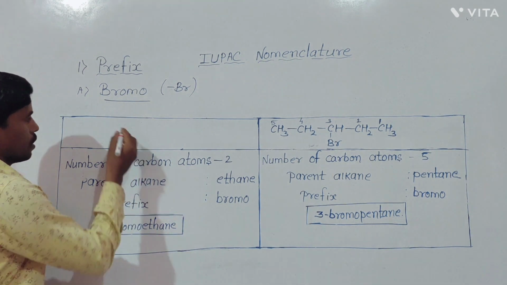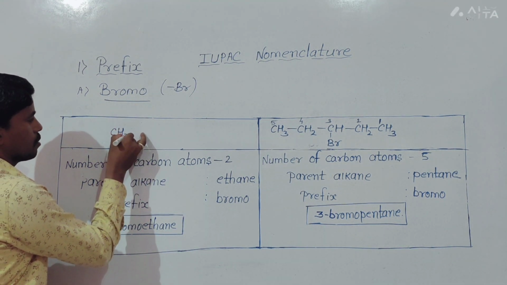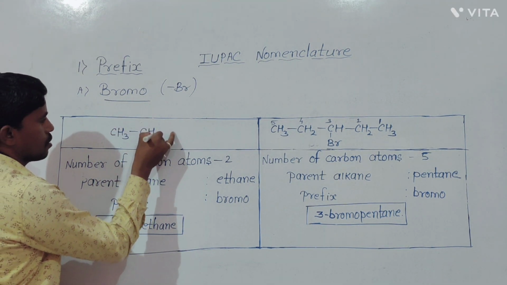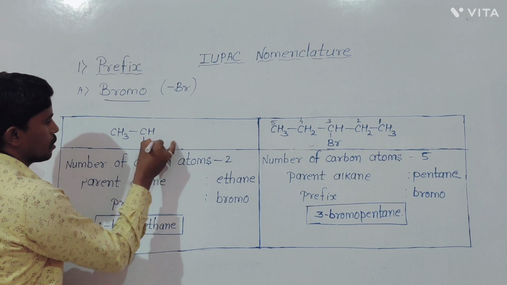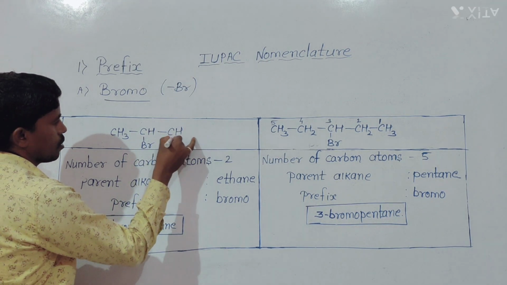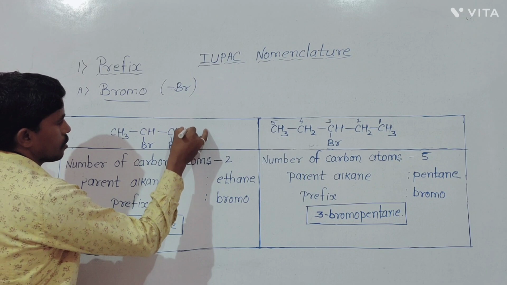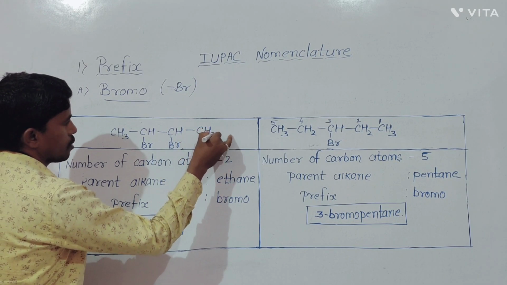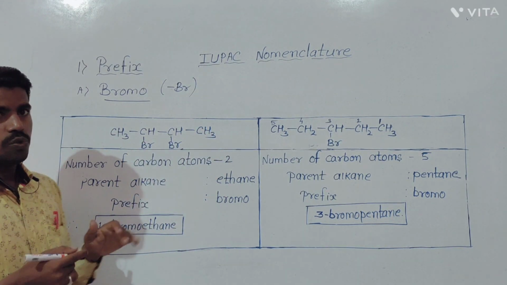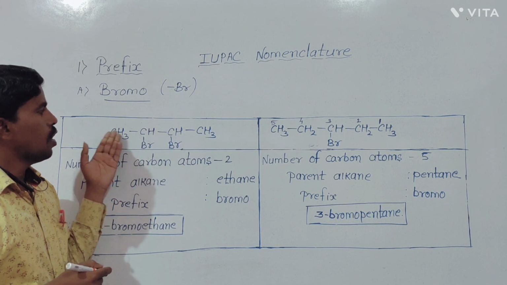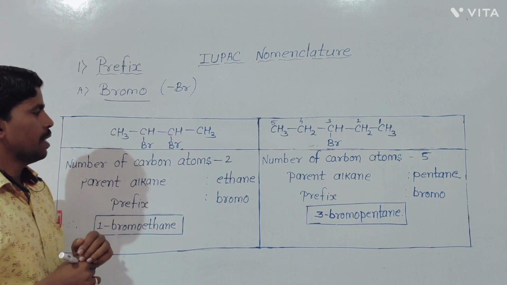Here CH3, CHBr, CHBr, CH3. The first rule is to select the longest continuous chain of carbon atoms.